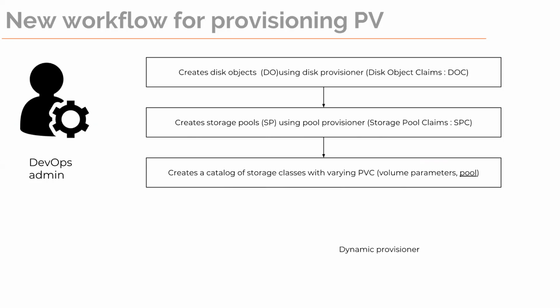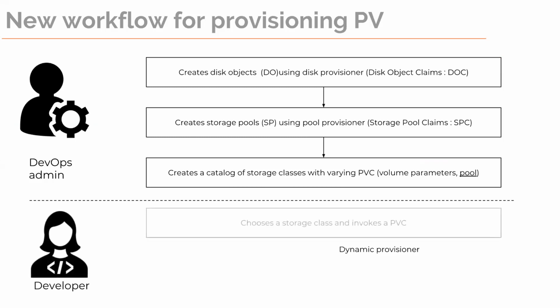And this is a new workflow for the DevOps admin, and nothing really changes for the developer. A developer still chooses the storage class. Of course, he or she needs to know what the storage classes are and which storage class to choose. That's an interaction that happens between admin and the developers.